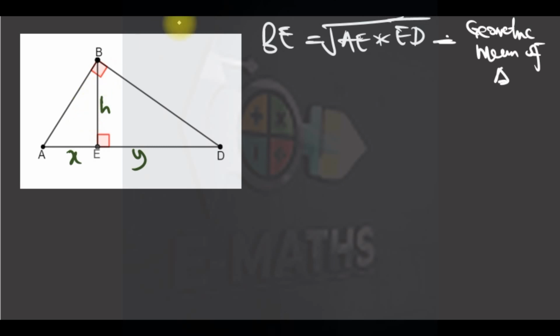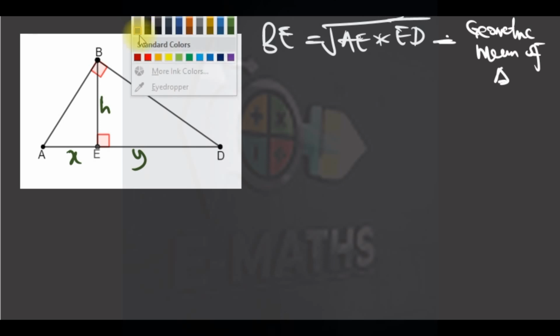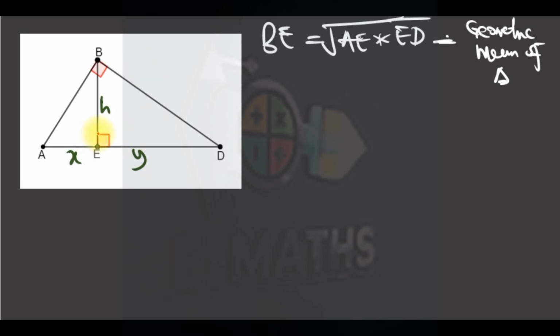So if you notice, we have 3 right-angled triangles here: triangle ABE, triangle DBE, and finally the big one, ABD. If I call this angle theta, this one is 90 minus theta, because we have 90, and this one is now theta.